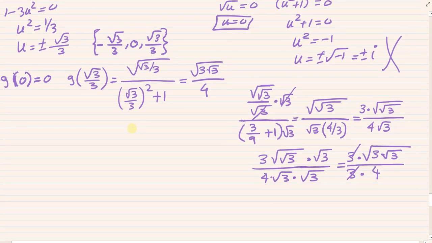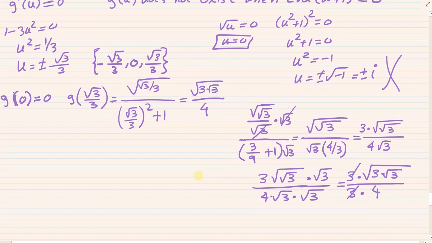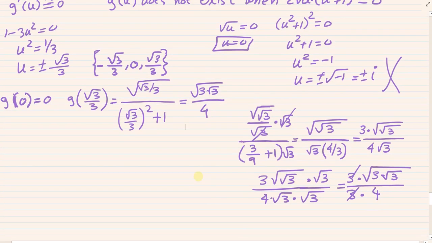And g at negative root 3 over 3 is going to be the same thing, only negative. You can also, how about this? Instead of root 3 over 3, let's go 1 over root 3.